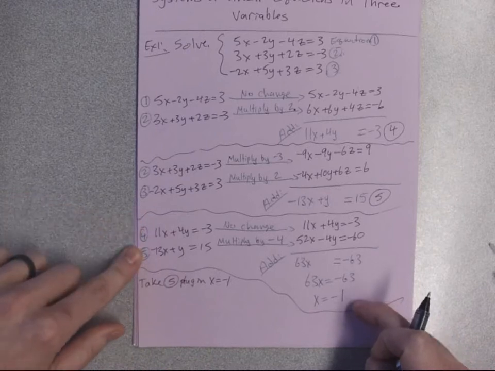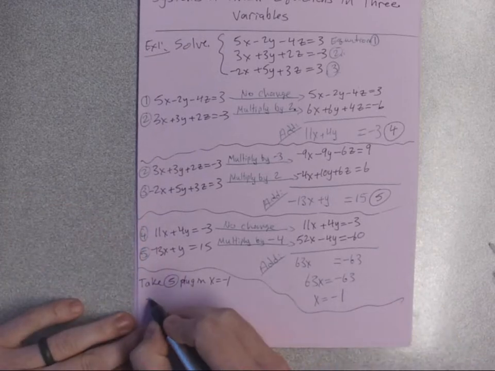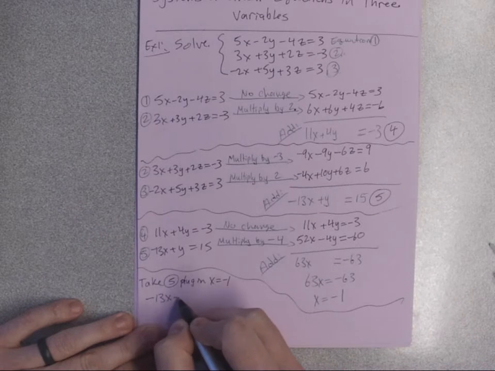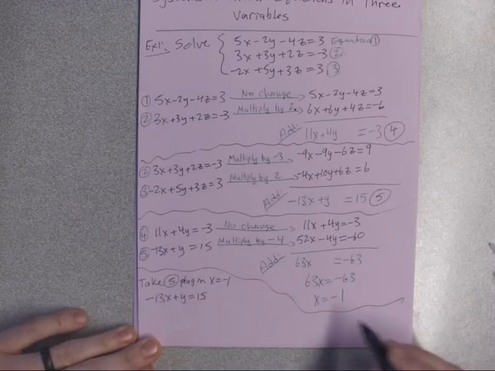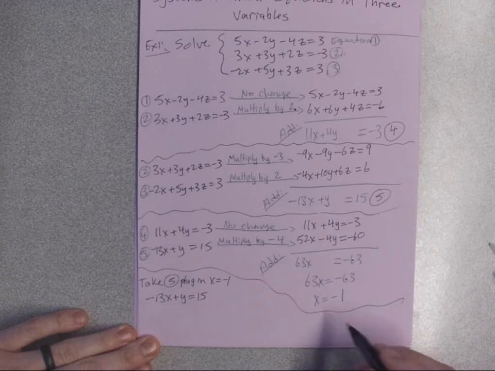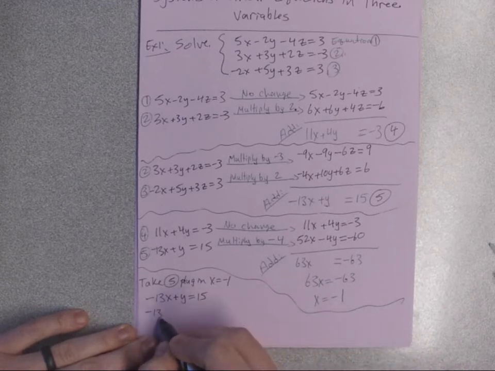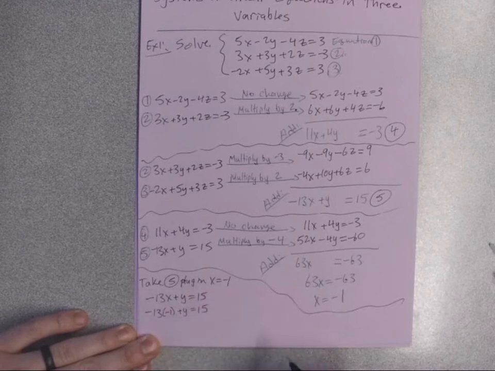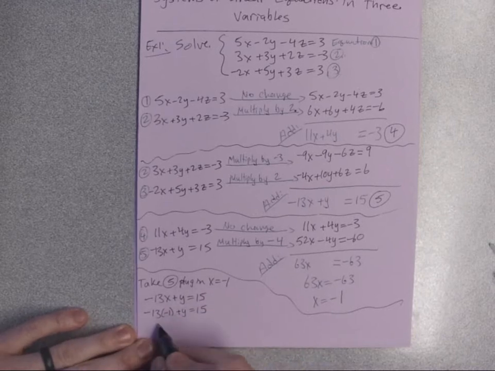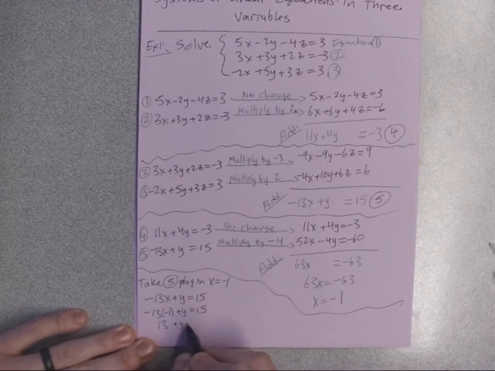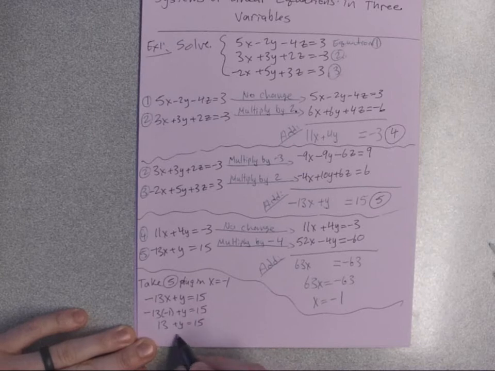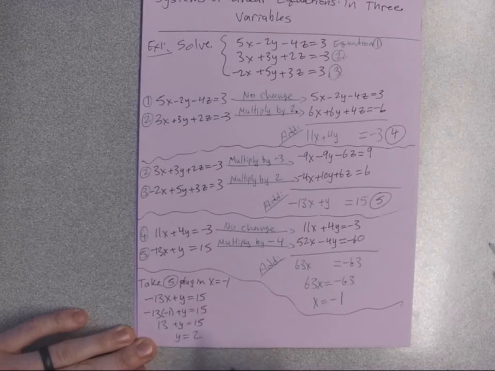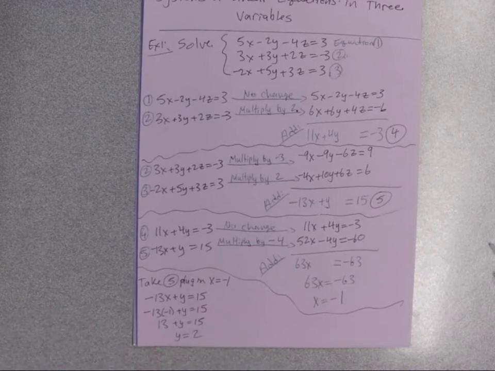So I picked equation 5. So let's write equation 5 here, just so I don't make any mistakes. And then let's plug in negative 1 for x. Negative 13 times negative 1 plus y is equal to 15. This becomes 13 plus y is equal to 15. Subtract both sides by 13, and you get y is equal to 2.